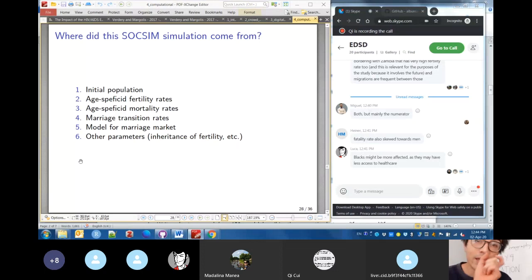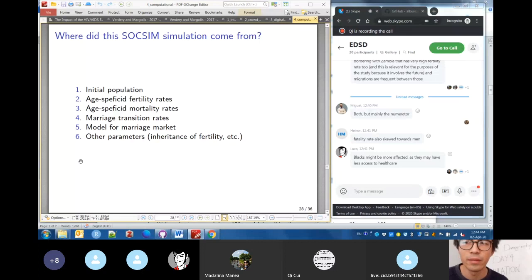We had an initial population. In this case, we had age-specific fertility and mortality rates. Because this is a very long time series, we cannot take them from the UN World Population Prospects as in the Zimbabwe paper, so we took them from the Human Mortality and Fertility databases, and Sweden is of course used because it has this very long time series.